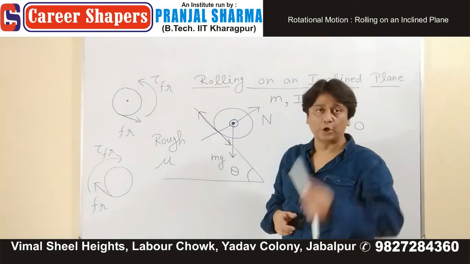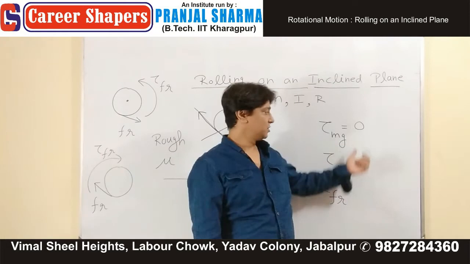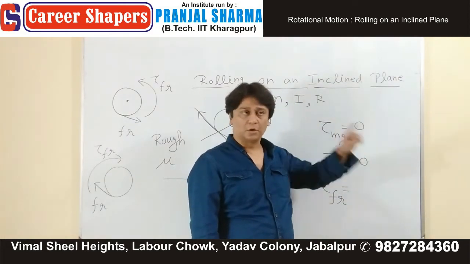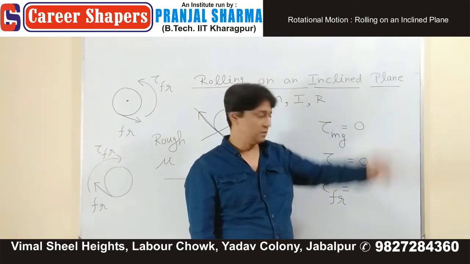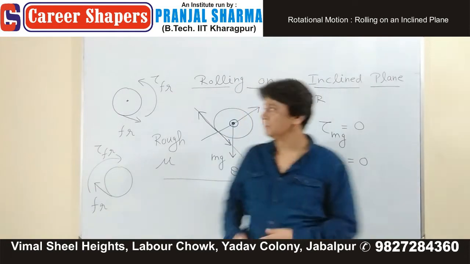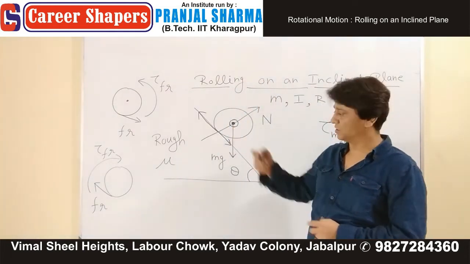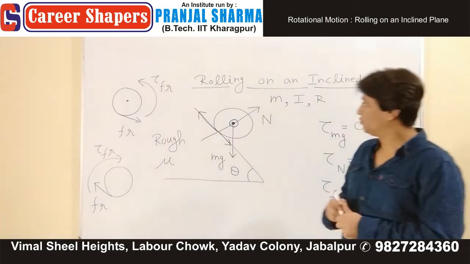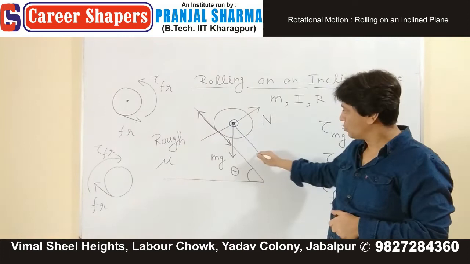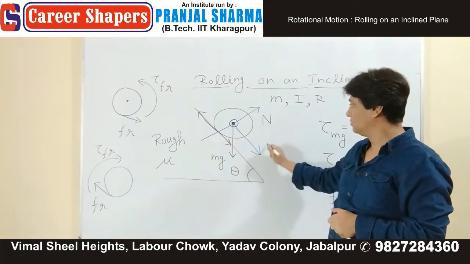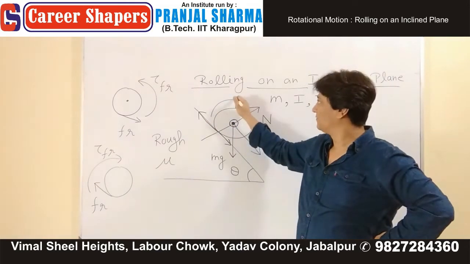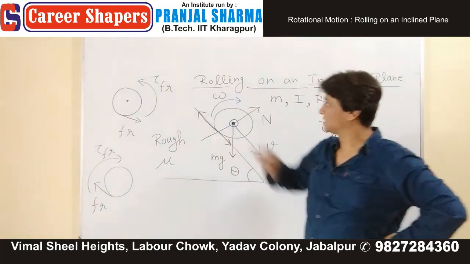Now, I told you that mg and normal reaction, they cannot produce any rotation. Rotational motion, the circular motion part, is developed by the torque of friction. So when you release something like this, you know that it will come down with some velocity v, and it will have some angular velocity omega.